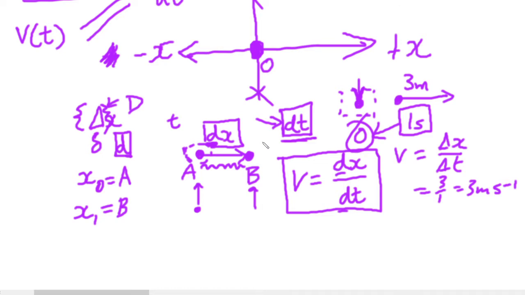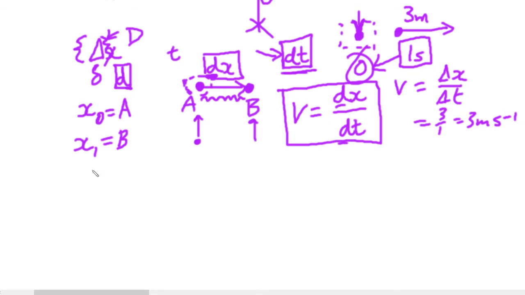And that brings us to my next point, where we can think about acceleration as a physical quantity being the change in velocity, dv, over the change in time, dt.